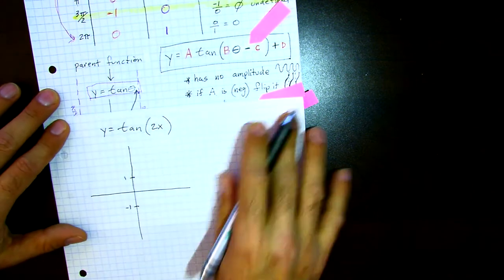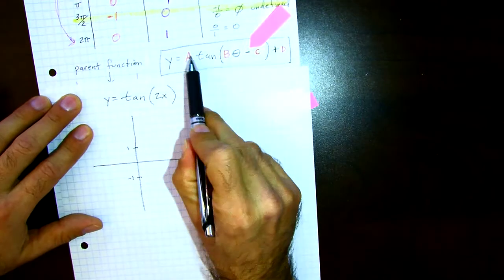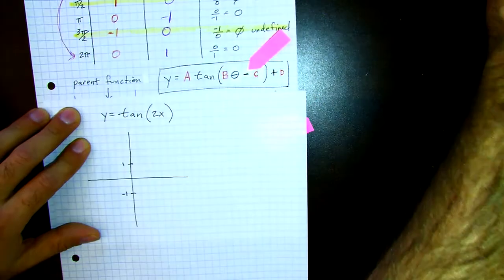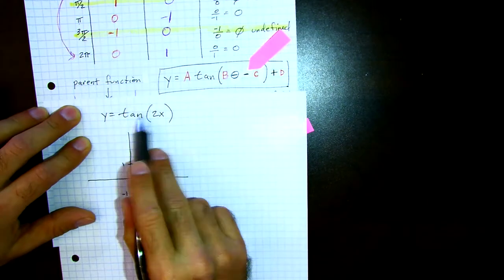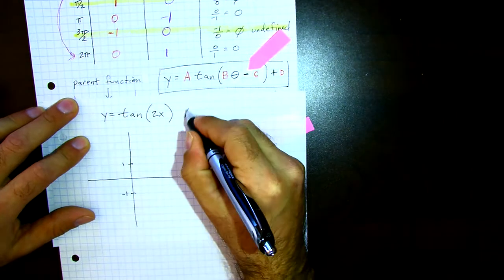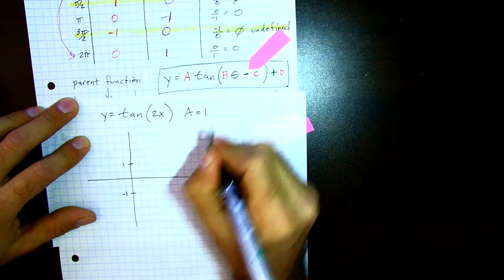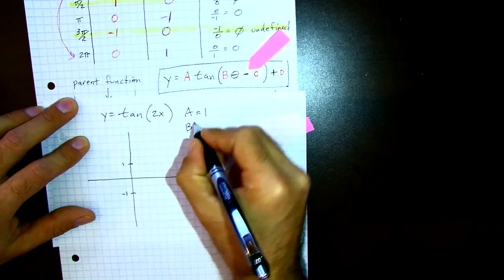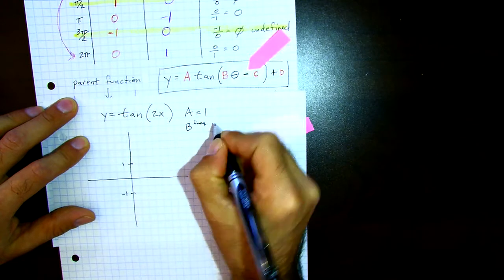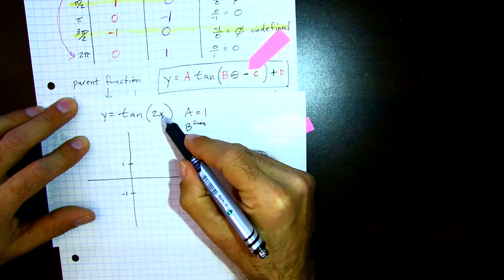Now I want to look at this and compare it to this up here. So let's just put our values here. A, what's in front of tangent, is 1. Our B value, which is our frequency, is in front of theta, in this case x, denoting our unknown.